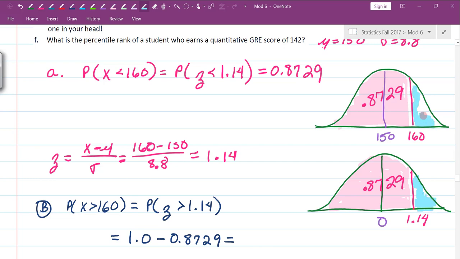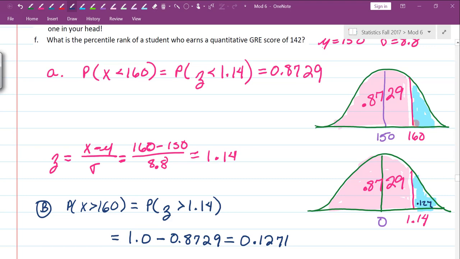Don't you agree? So in that case, all I have to do is grab my calculator and say, what is 1 subtract 0.8729? And I find out that that is equal to 0.1271.